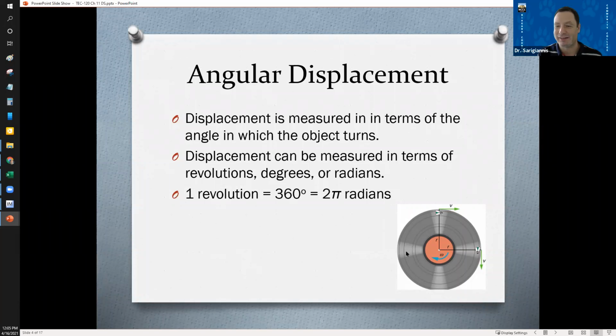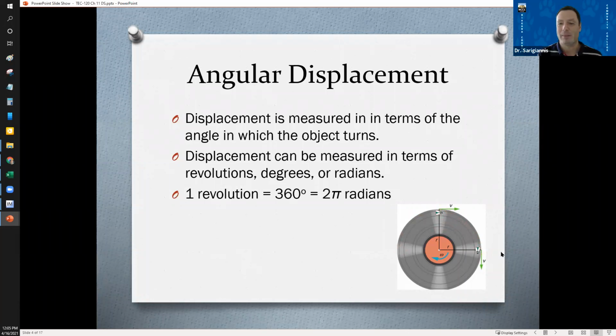For example, you can see this fly on a record player. Its displacement you could say is 90 degrees, or a quarter of a revolution, or pi over 2 radians.